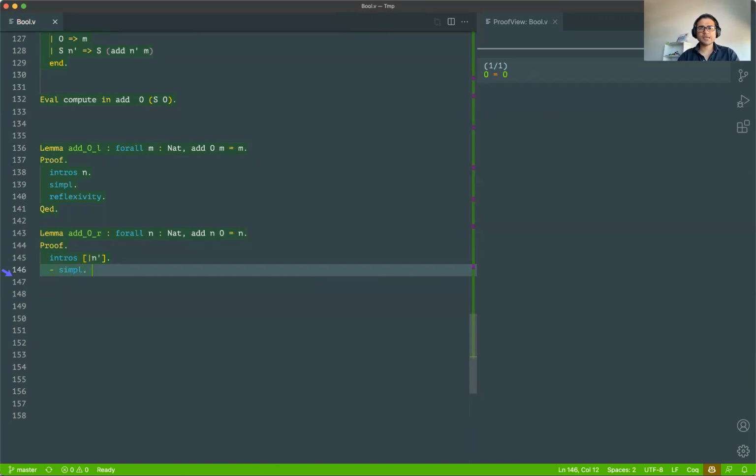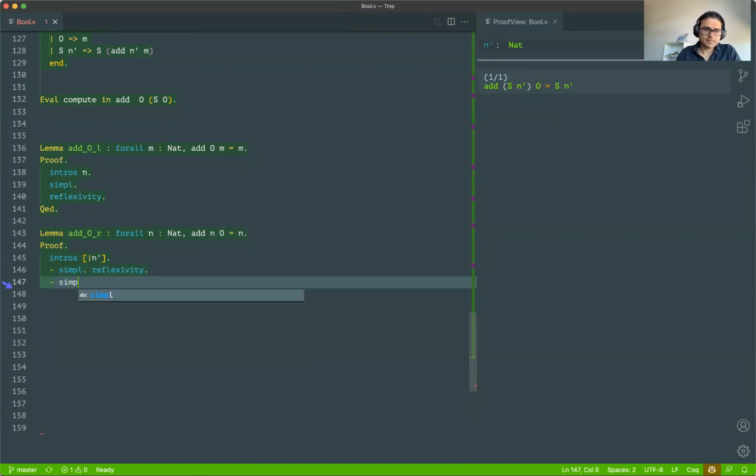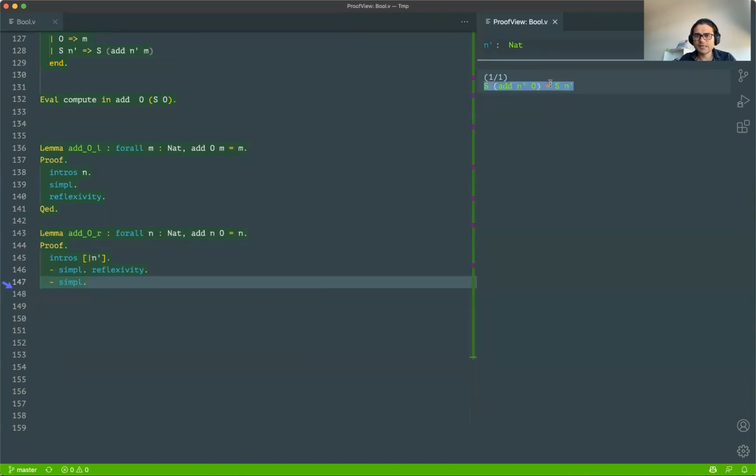I can do simpl and reflexivity. And if you look at the goal here, I have nothing in the assumptions at the top of this line that helps me in proving this goal.